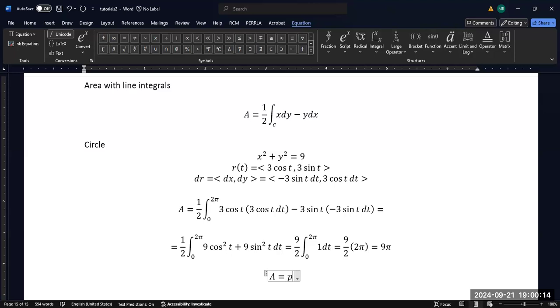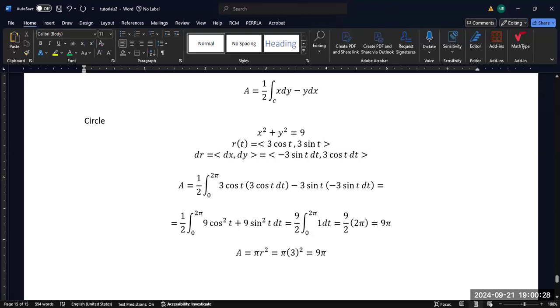So think about our formula, pi r squared. Well, that would be pi times 3 squared, which would be 9 pi. So we get exactly the same answer that we would get from the general geometry formula for a circle.